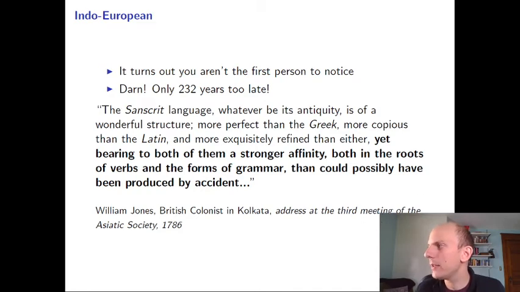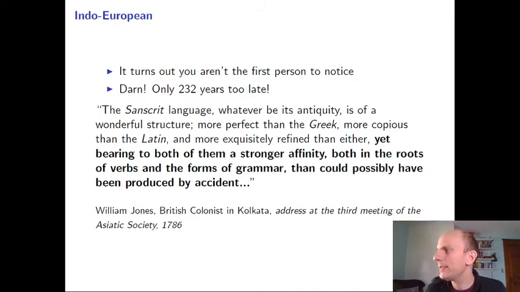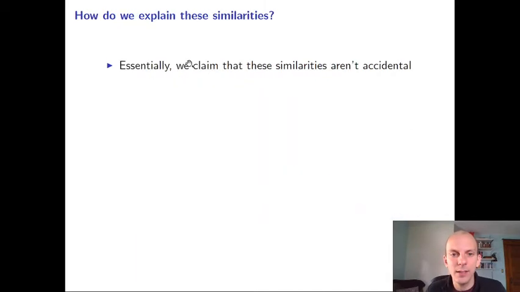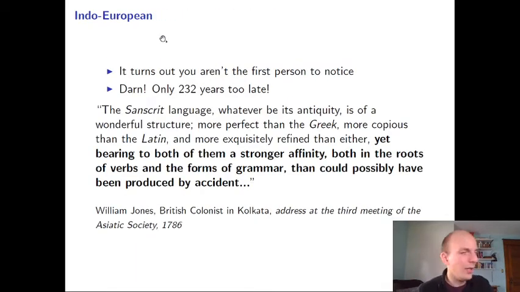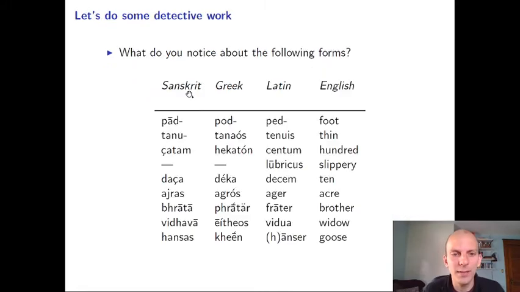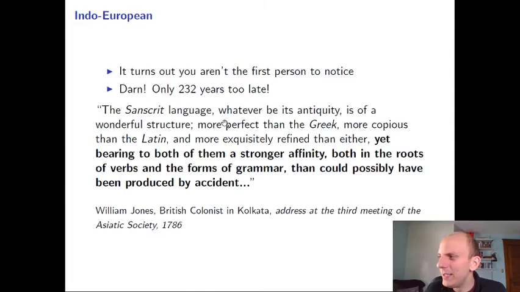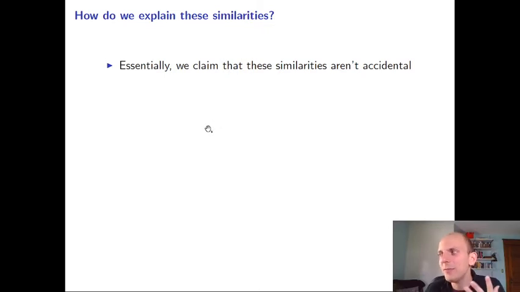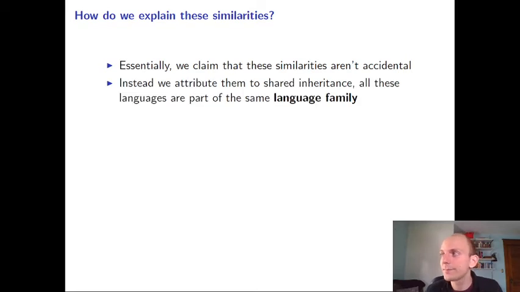What he's saying here is that this pattern that we just found in these language forms, these similarities between languages, is too much to be a coincidence, right? This can't have been an accident. It can't just be happenstance. There has to be a reason. There has to be an explanation for all these similarities that we found.